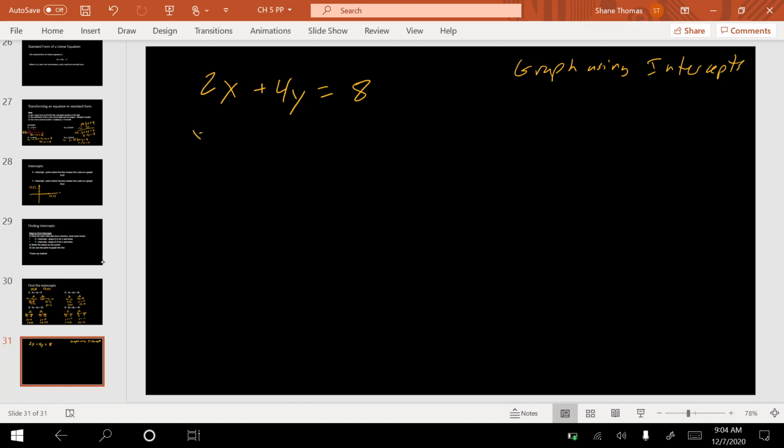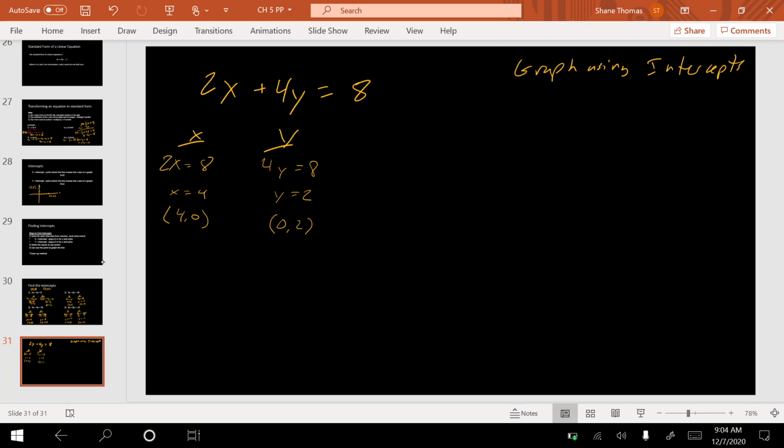So find your intercepts, x and y. So I have 2x equals 8. I have 4y equals 8. So with this one, I get x equals 4. So it's going to be (4, 0). And then over here, divide both sides by 4. So y is going to be 2. So I have (0, 2).